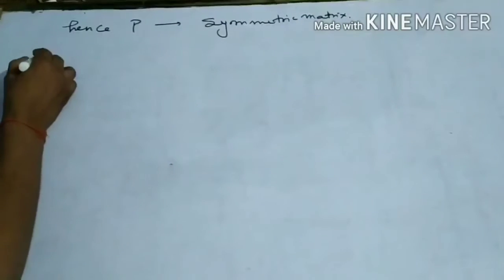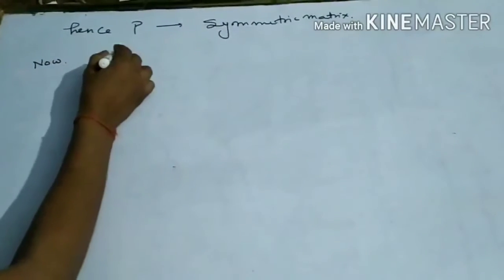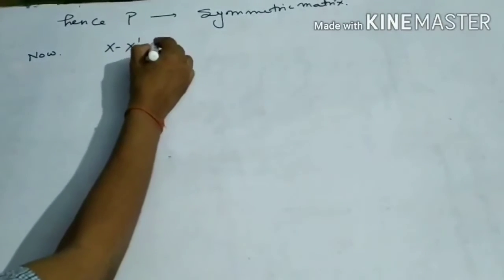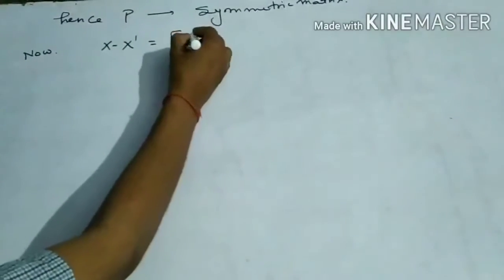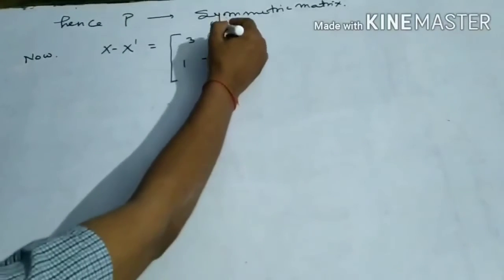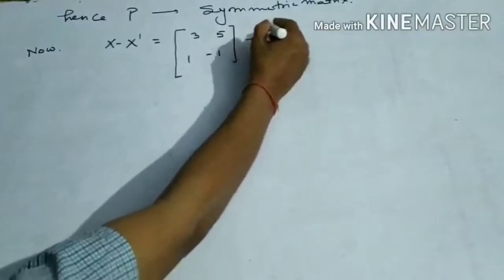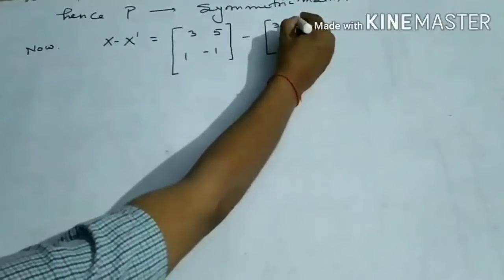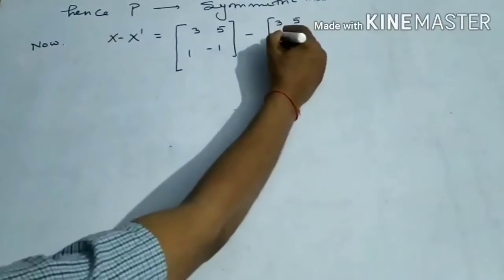Now we want to find X minus transpose of X. This is equal to [3, 5; 1, -1] minus the transpose, which becomes [3, 1; 5, -1].